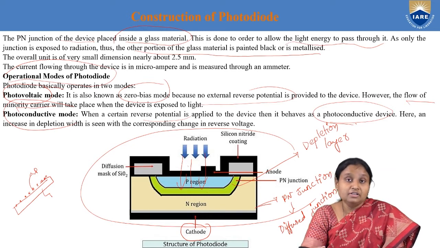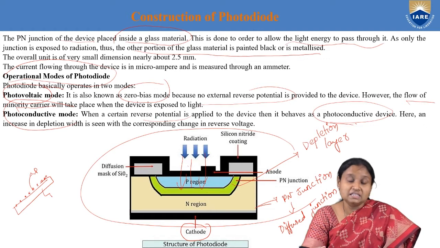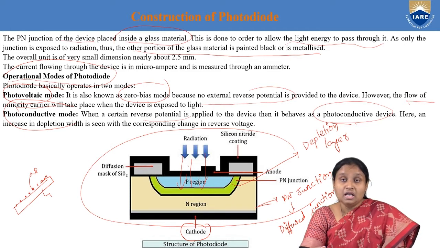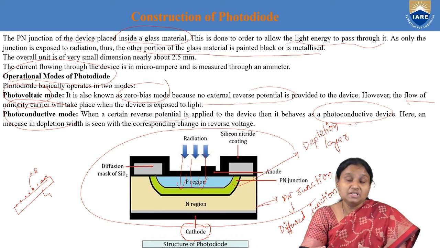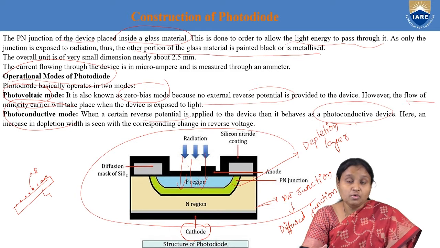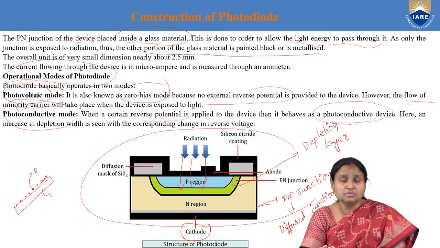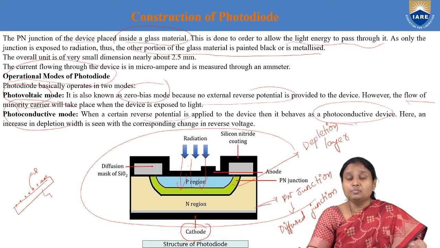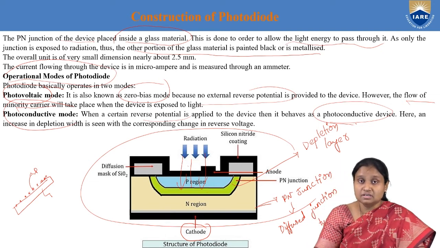Whereas in photoconductive mode, we apply external voltage to the PN junction in reverse mode, and then we expose our depletion layer to light. Then you will observe that the current flowing across the PN junction is more compared to photovoltaic mode. So there are two modes. One is without applying any external voltage. The second is applying external voltage and exposing it to light, and our output will be an increase in reverse current. So this is about the construction of photodiode.